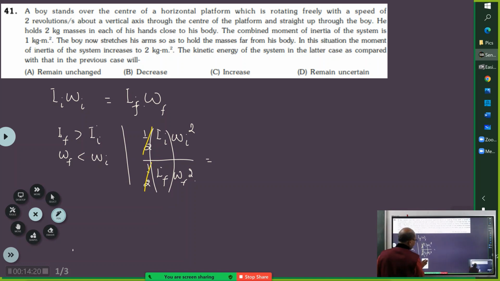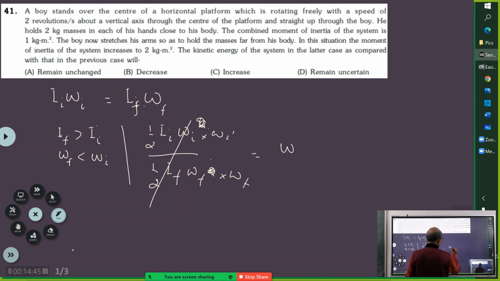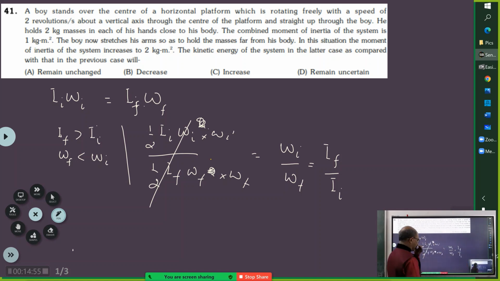Here I would rather do it like this. You have the ratio of the kinetic energies, half I_i omega_i squared upon half I_f omega_f squared. You write omega_i squared as omega_i times omega_i, and this as omega_f times omega_f. Since I_i omega_i equals I_f omega_f, this whole thing will cancel, and the ratio will simply boil down to omega_i upon omega_f, which is the inverse ratio of I_i by I_f.